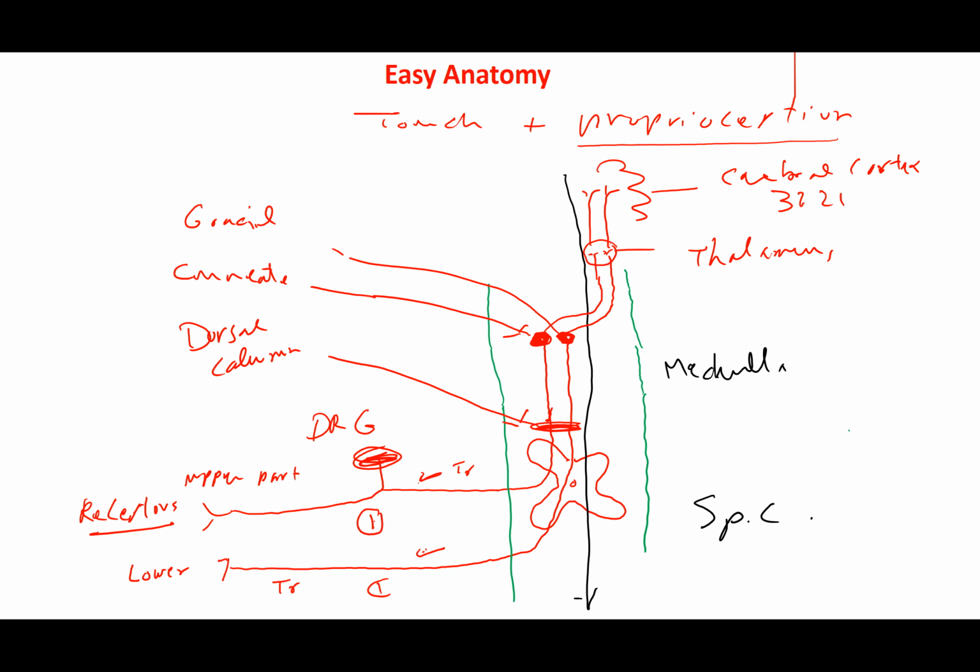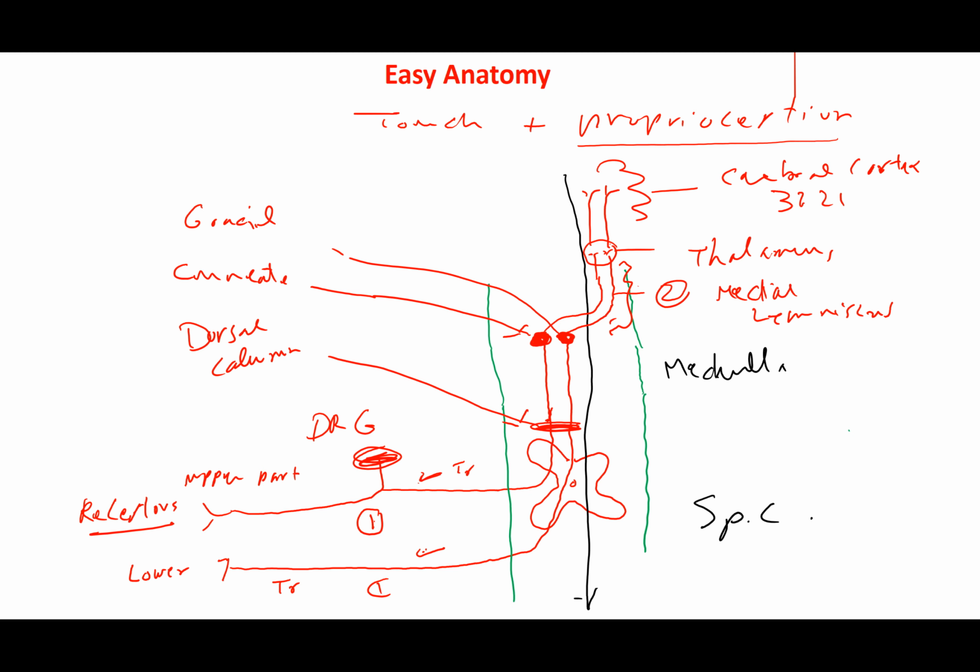Then they cross the midline, the second order neuron. This is the second order neuron, and we call it the medial lemniscus, and it ascends until it reaches the thalamus, and from the thalamus they go to the cerebral cortex.